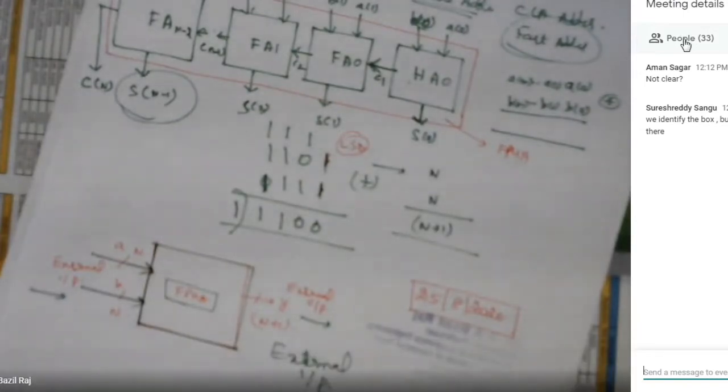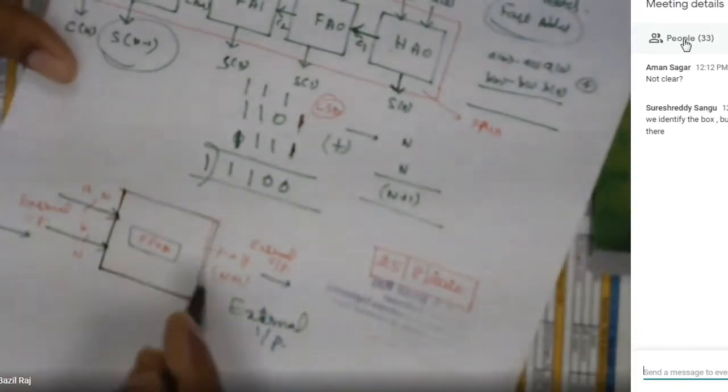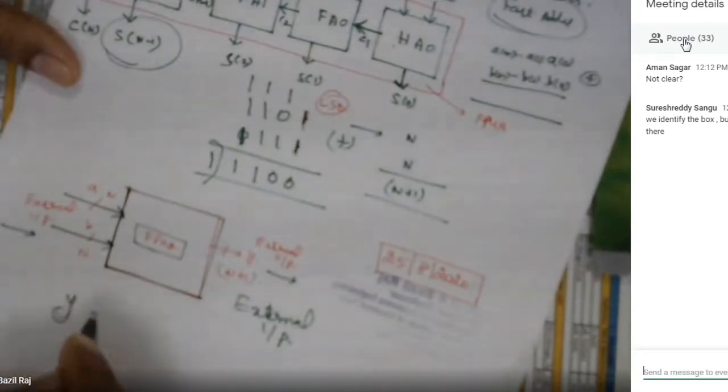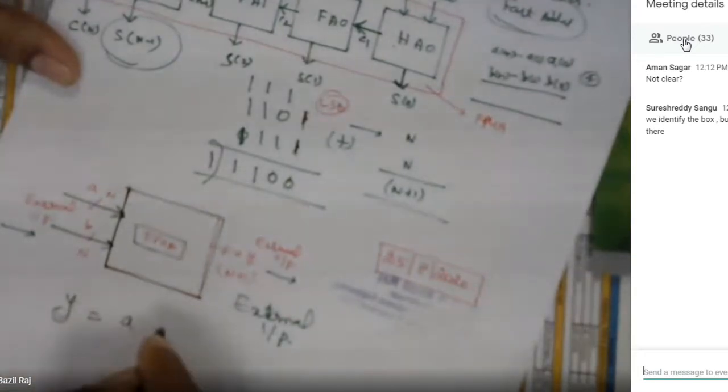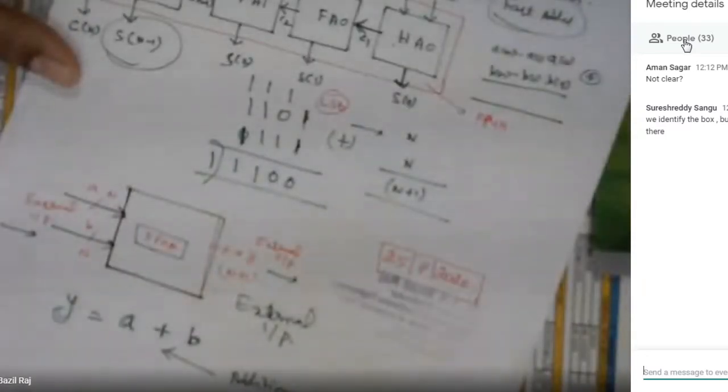So in parallel adder design, suppose Y is equal to A plus B now. Look, A plus B. The plus is the addition in the VHDL design. Now we have no control.